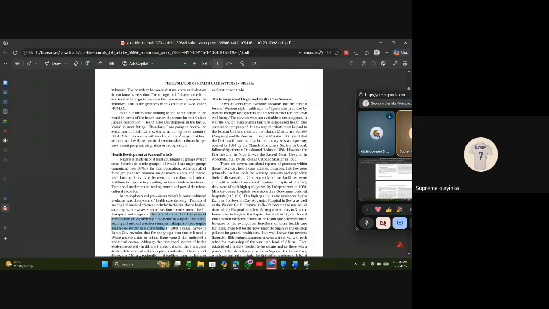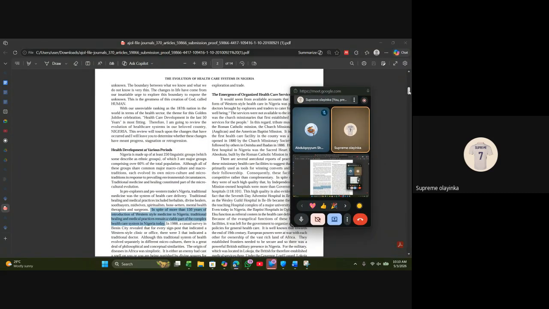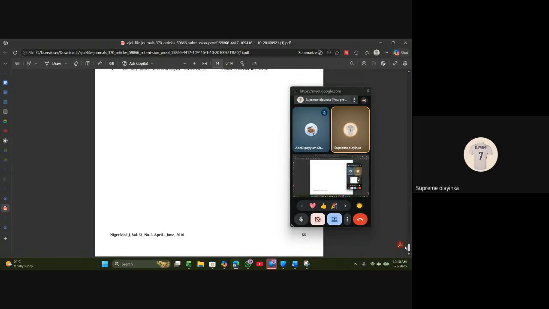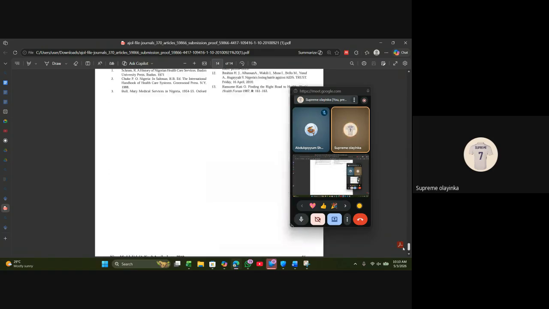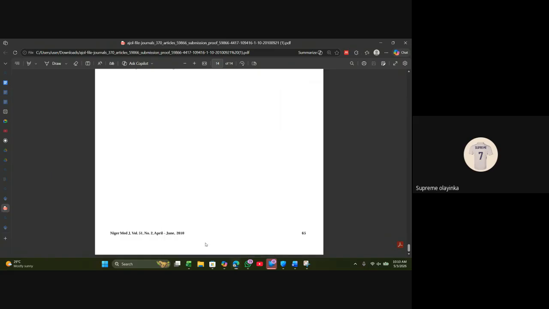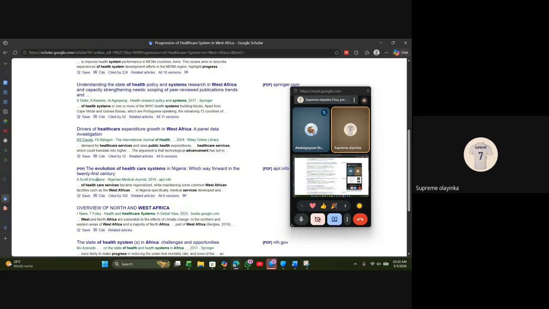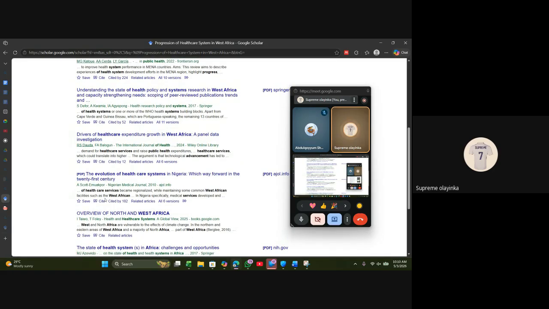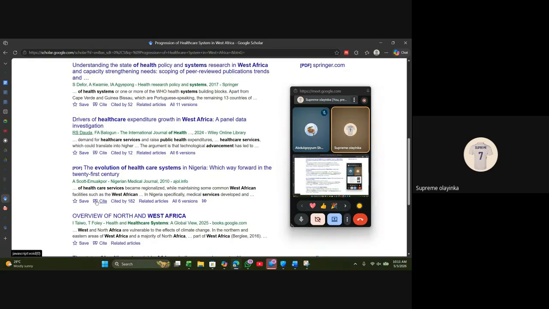If you look at this paper that we referenced, now you can see this is our Google Scholar. This is the paper, right? Now we can see something like cite. You can see something like cite here. So I can click on this cite.